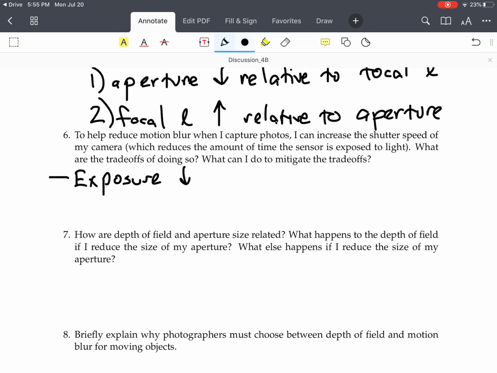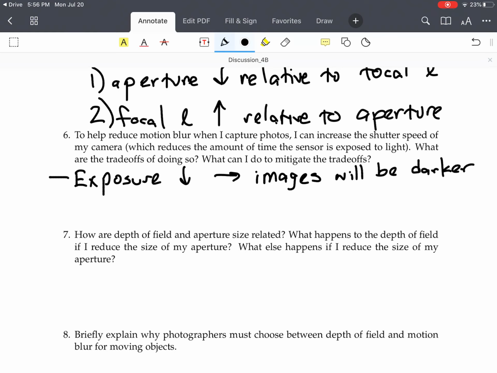And what does that mean? That means our images will be darker. The exposure is a measure of how light or dark our image is. So if the exposure goes down, our images will be relatively darker if we increase the shutter speed. So that's the trade-off of doing this.